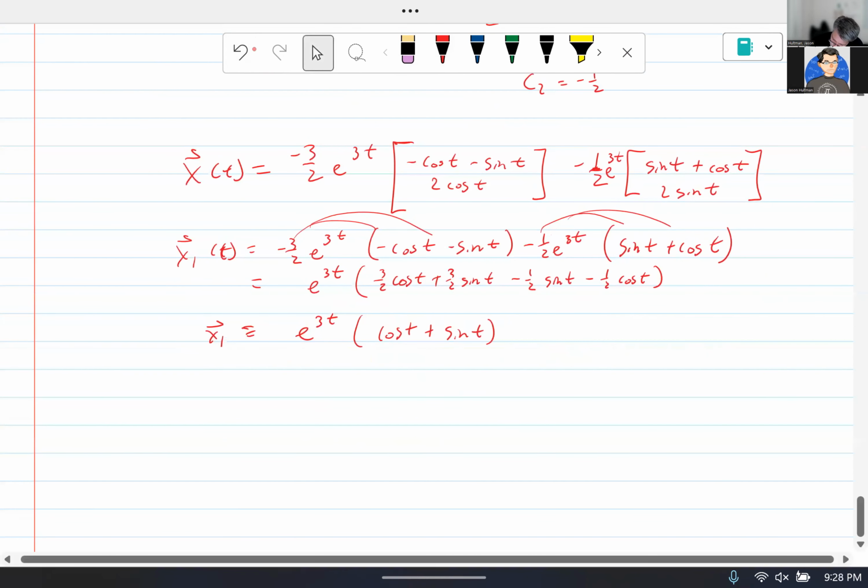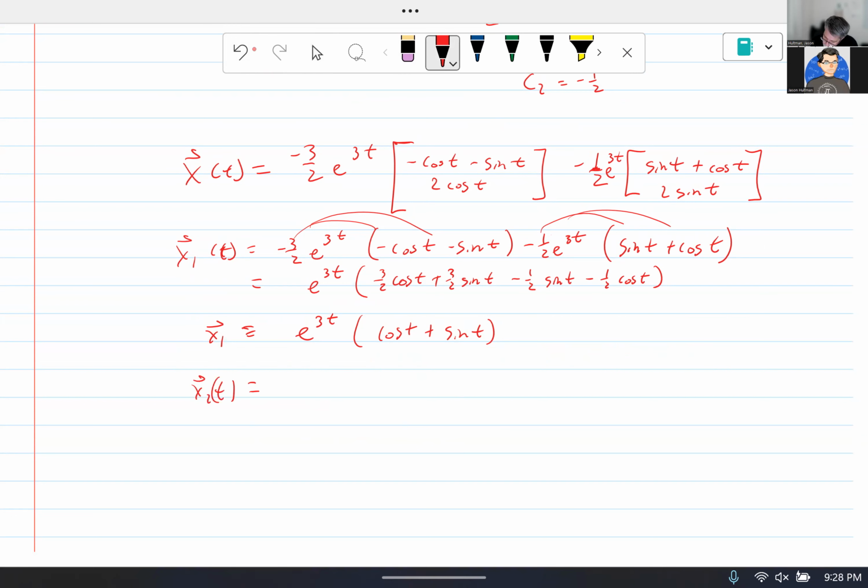What's x2? Okay, x2 of t is going to be equal to negative 3 halves e to the 3t times 2 cosine t, minus 1/2 e to the 3t times 2 sine t.